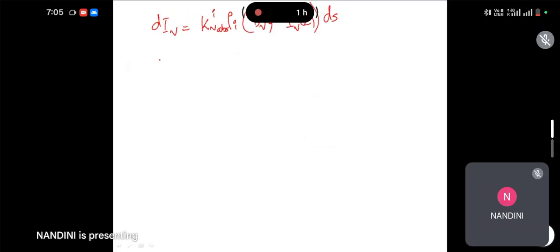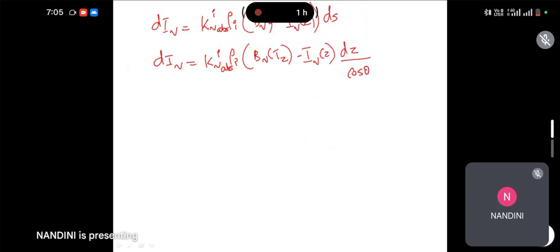Now, if we want it in terms of dz, we can write k nu I into rho I into B nu of T of z minus I nu of z into dz by cos theta.